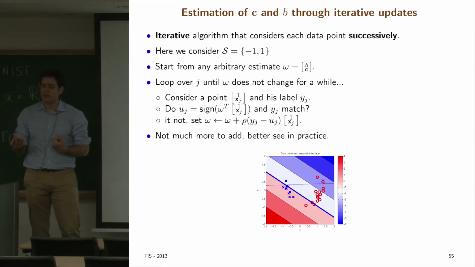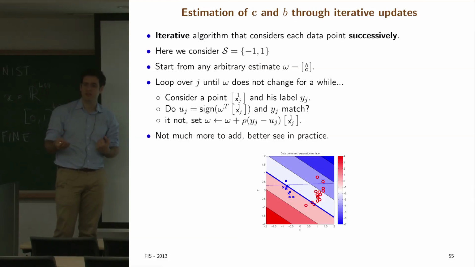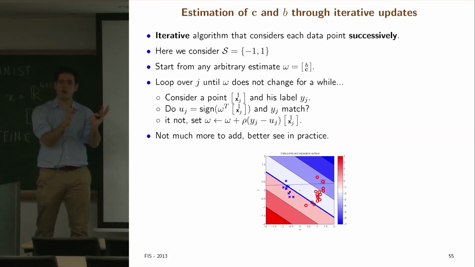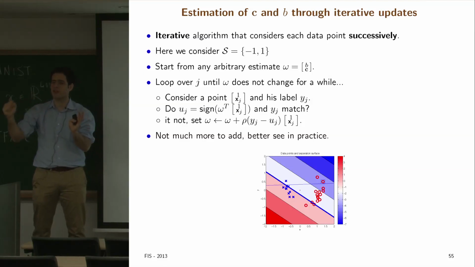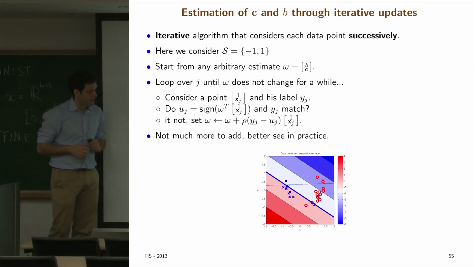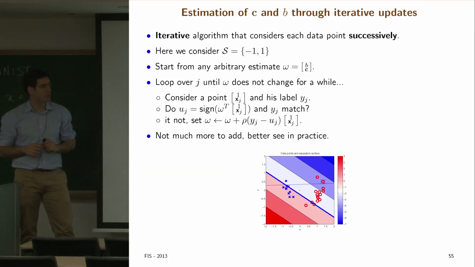There are other methods which are called iterative, which are different in nature because they don't look at the whole of the data, but just look at one point in your data set after the other, usually in a random order. This is the case of the perceptron rule.